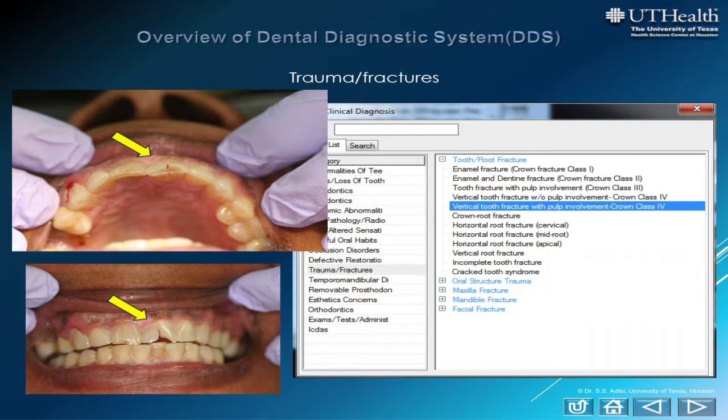After complete review of the medical and dental findings, it was discovered that the tooth is non-vital and otherwise asymptomatic, with a vertical fracture through two roots. Therefore, a diagnosis of vertical tooth fracture with pulp involvement was selected for this case.